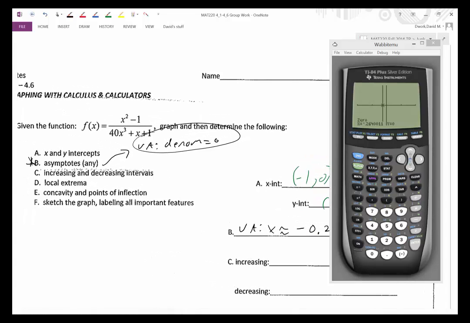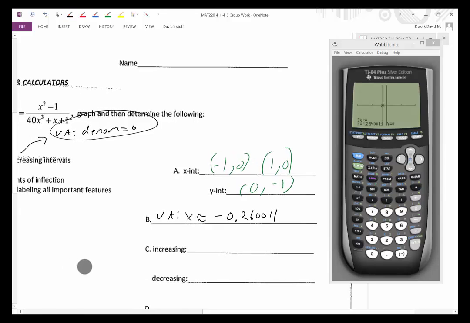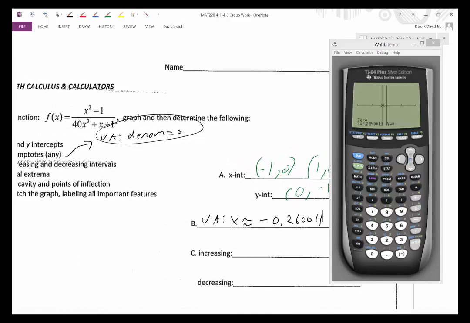We're just going to get a really good idea for our sketch. If you were going to sketch, there's no way you'd have this much accuracy, so you might actually just round it to -0.26 or even -0.3, but I'm not going to be that loose. I'm going to keep a lot of digits here. So again, it comes down to what you're trying to do as to how many decimals you keep. So that's the vertical asymptote, and there was only one of them.